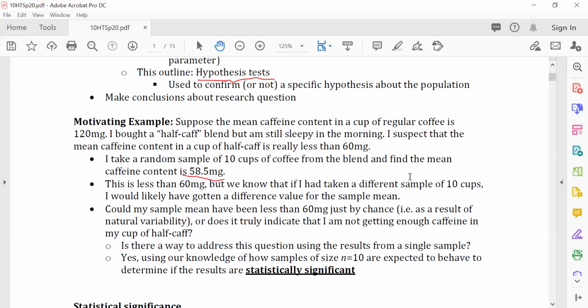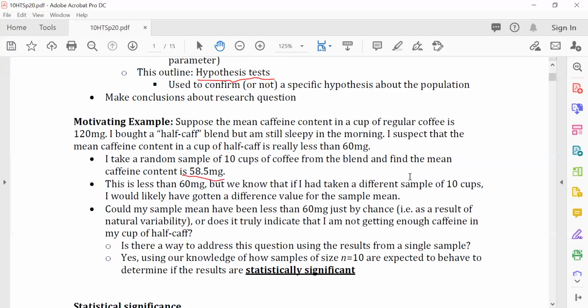So how do we answer this question? That is the question that we are going to answer in this outline. How do we know this is happening by chance or this is truly indicating that I'm not getting enough caffeine in my half cup?